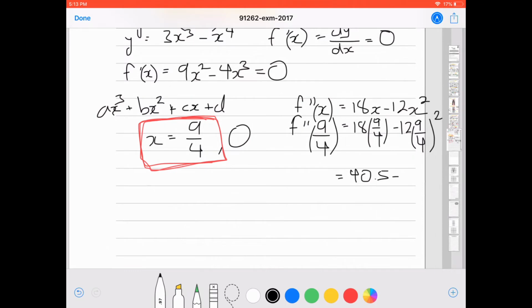Just do our calculation in parts. Minus 12 times 9 over 4. Now that fraction is squared. Okay, that gives us 243 over 4, or 60.75.